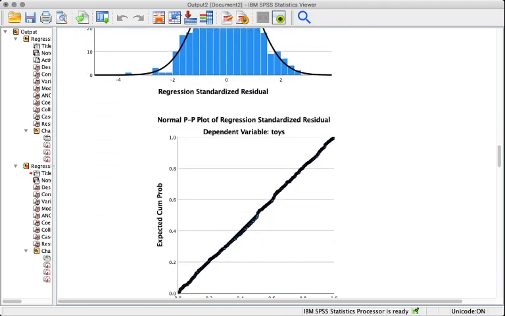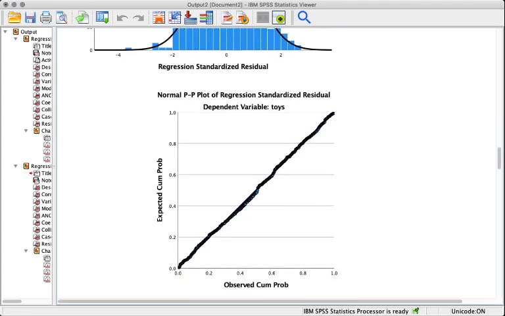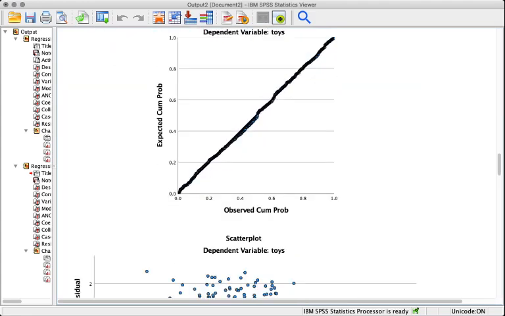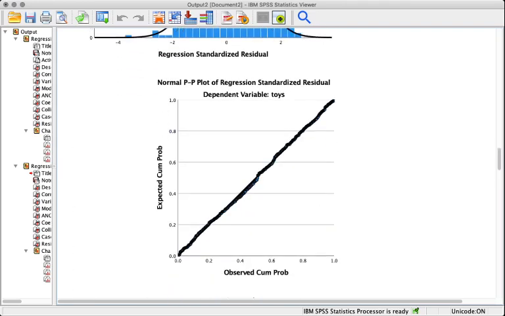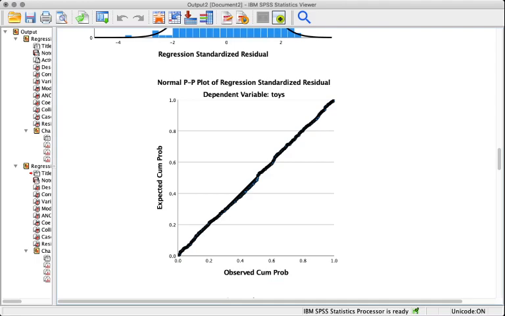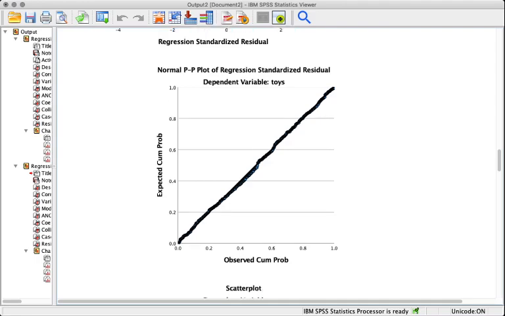If we look at it another way, we can look at the PP plots and the QQ plots for the residual. Here, again, we're looking at how closely it follows that line. There's a little bit of a wave here in the middle, but overall nothing huge. This looks like it follows that line pretty well.